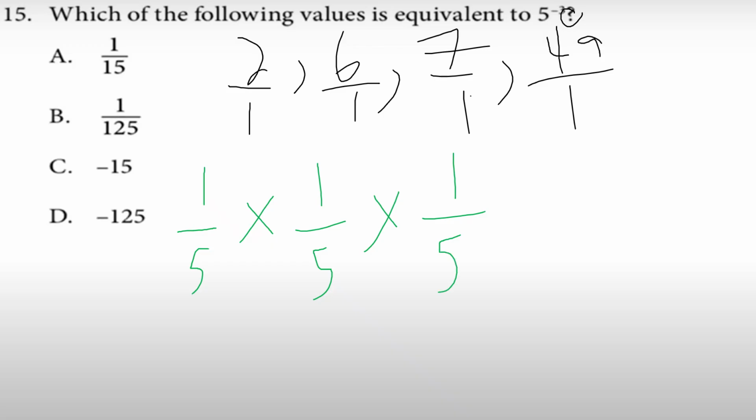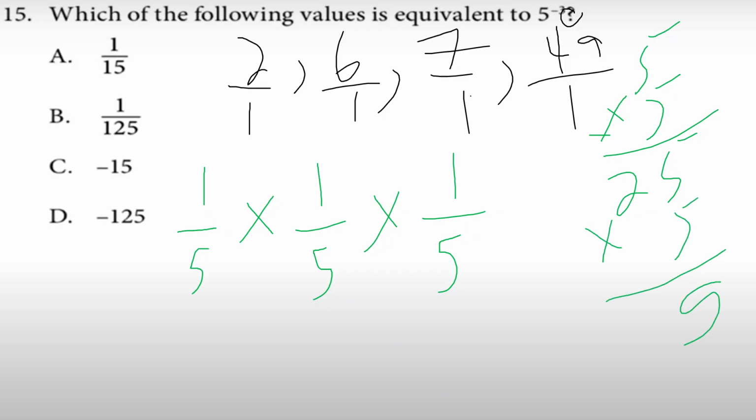So we know 5 times 5 is equal to 25. And then you multiply another 5. That gives you 125. So what that's going to equal is 1 over 125. So our answer is B.